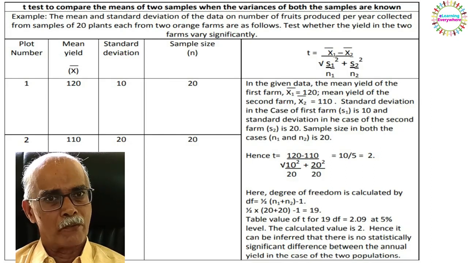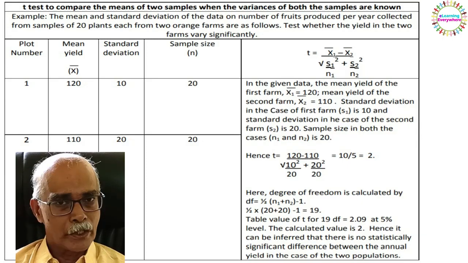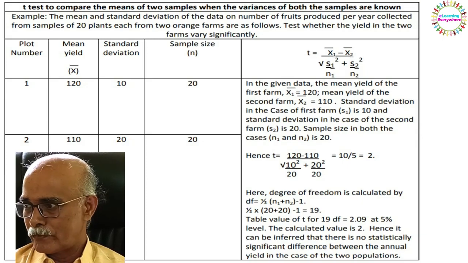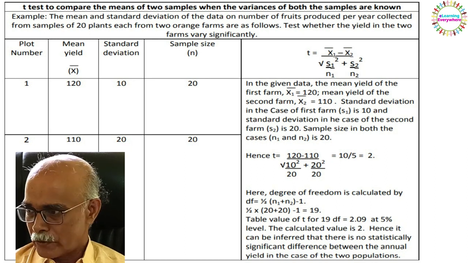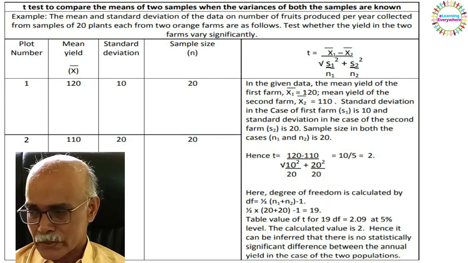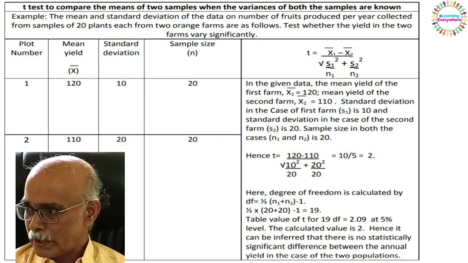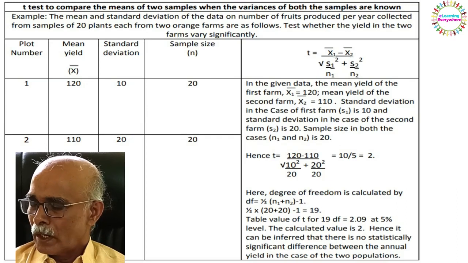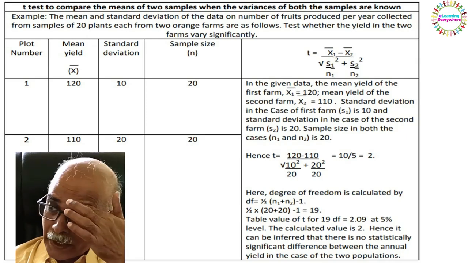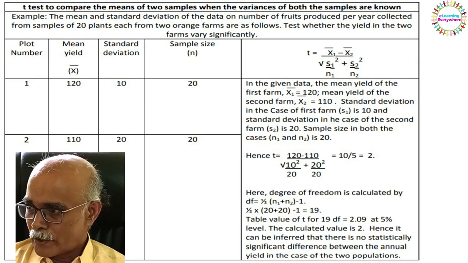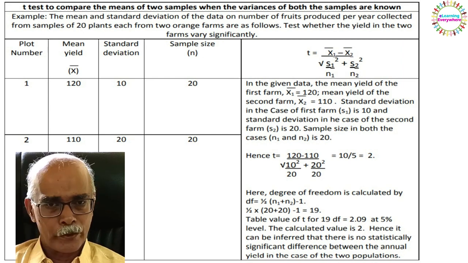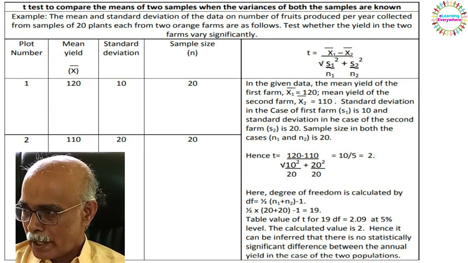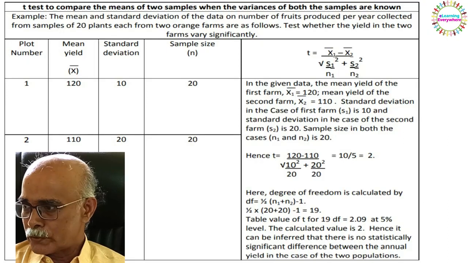In the case of plot number 1 and plot number 2, you have found the mean and standard deviation from 20 plants in the first case and from 20 plants in the second case, based on the mean yield. As per the data given here, in the first plot the mean yield is 120, that is 120 fruits produced per year, and in the second plot it is 110.